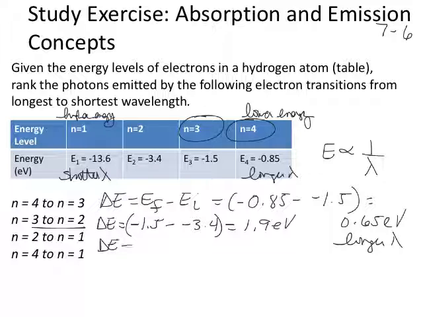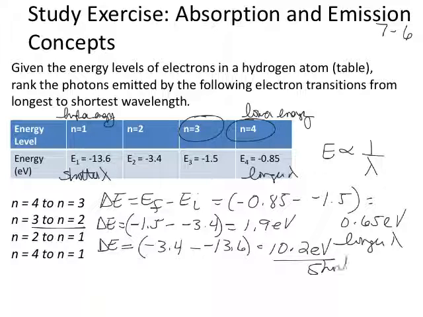Okay, the next one, from 2 to 1, you go from negative 3.4 minus negative 13.6. And so when this relaxes down, it has an energy of 10.2 eV. Okay, so that 10.2 is a higher energy, and it's going to have a shorter wavelength.